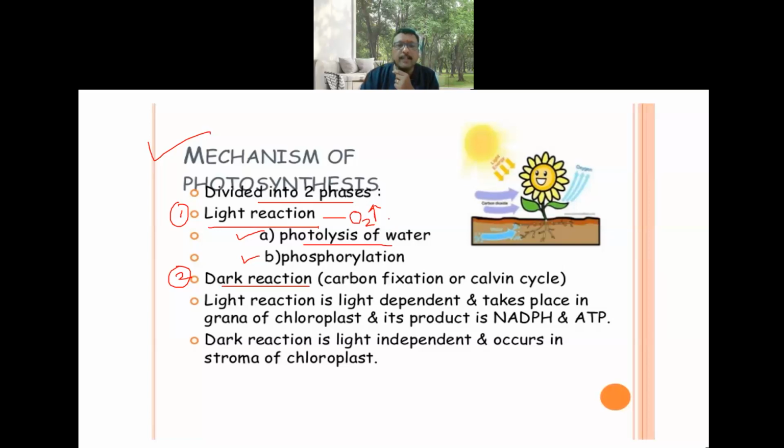Whatever oxygen is released during photosynthesis is coming from water, right? It is the breakdown of water in the presence of light. That's why it is known as photolysis of water. So this oxygen is coming from water, but not carbon dioxide.